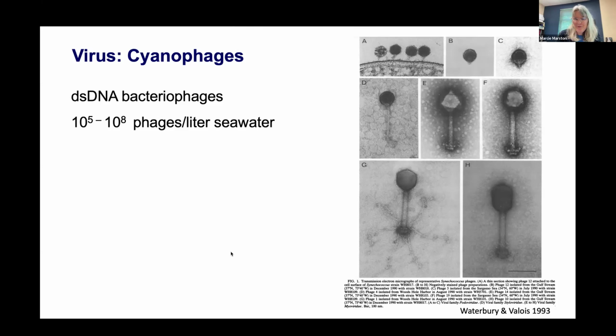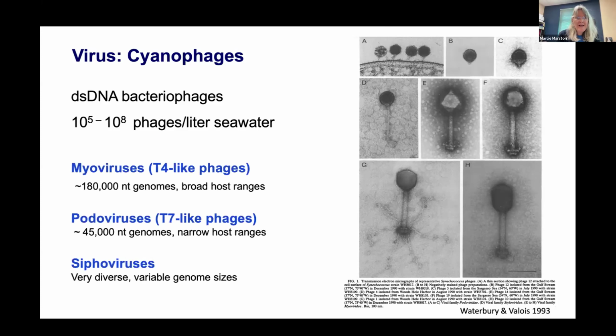This photograph figure is from John Waterbury's lab, who works at Woods Hole, and these are beautiful pictures of the different types of phage. There are 3 types of tailed phage that can infect Synechococcus, and we'll be talking about these throughout my talk today.